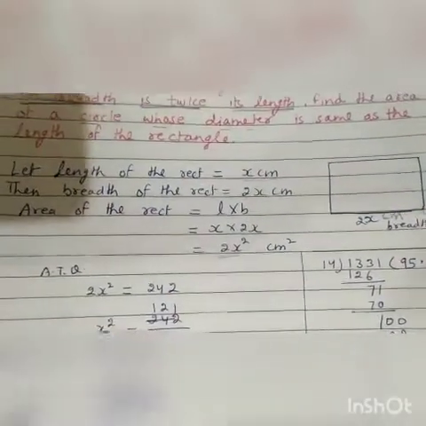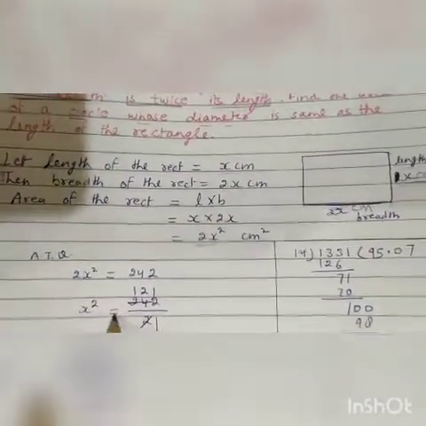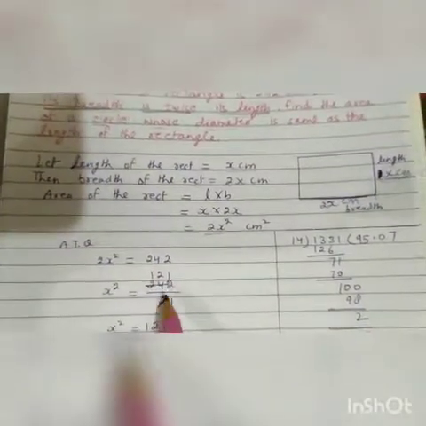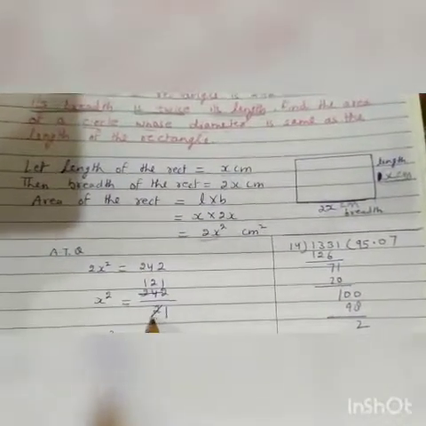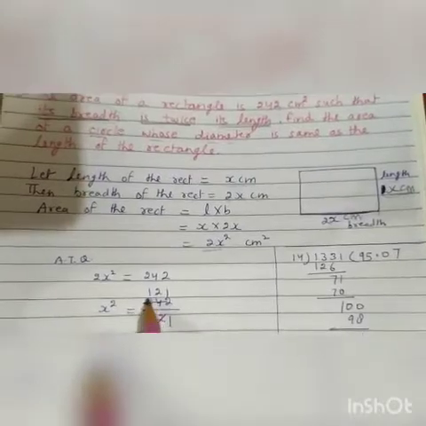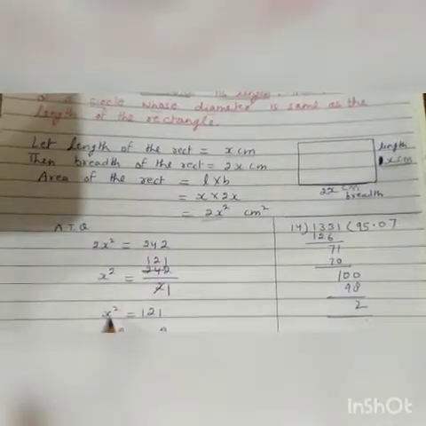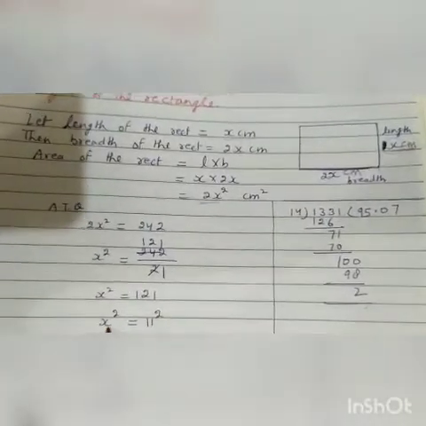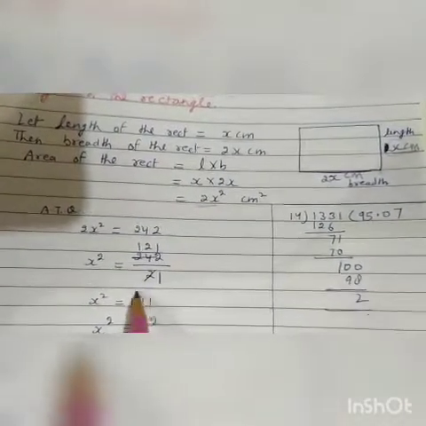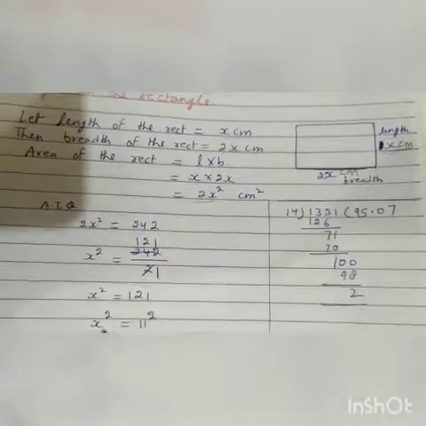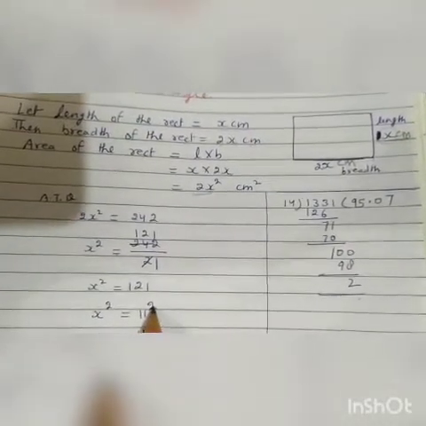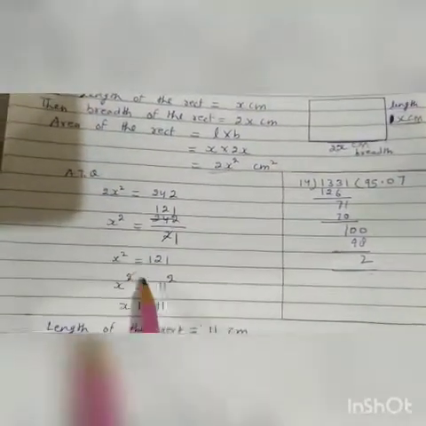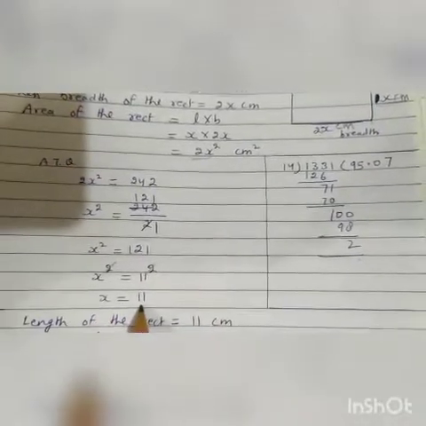Then x square is equal to 242 upon this 2. 2 1 ja 2, 2 2 ja 4, 2 1 ja 2. This is x square is equal to 121. Then x square is equal to 121, which is the square of 11. So x square is equal to 11 square. Then square, square cancel. x is equal to 11.